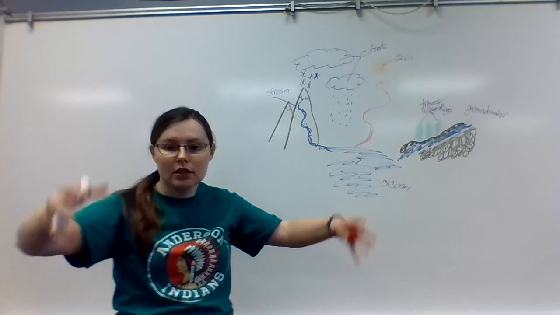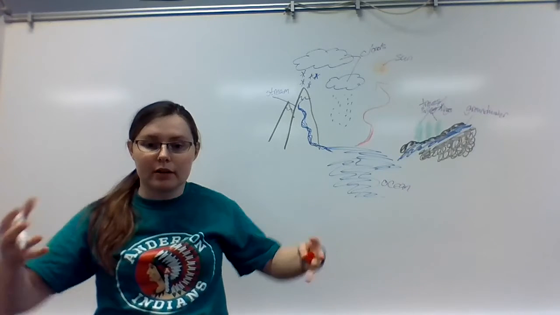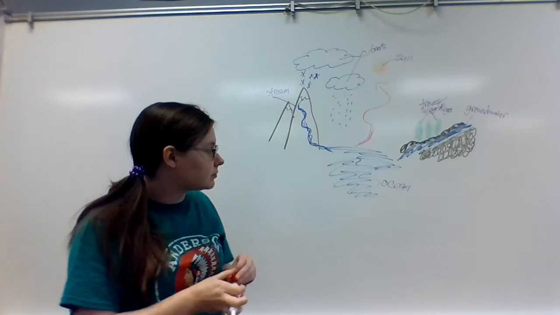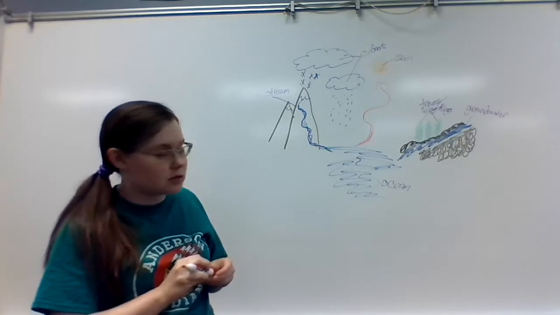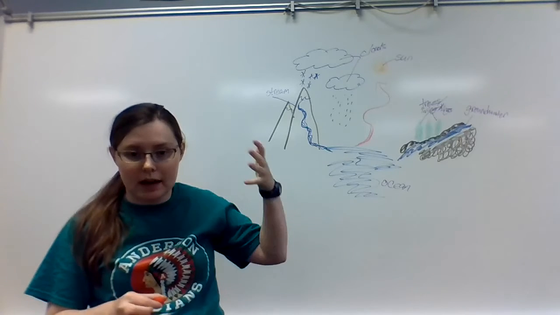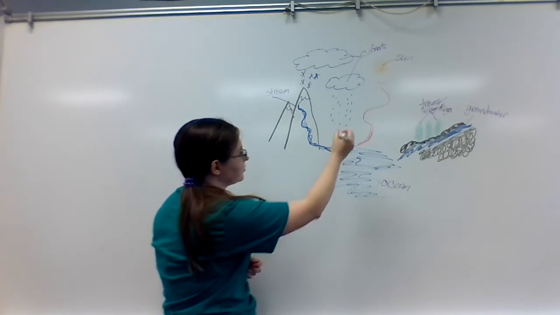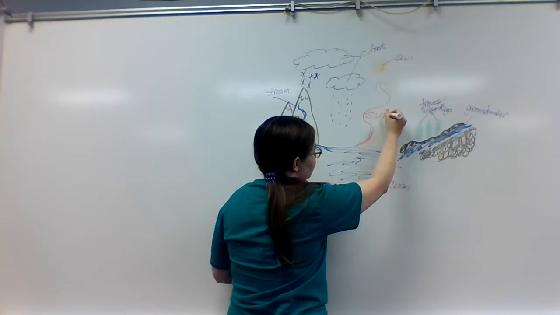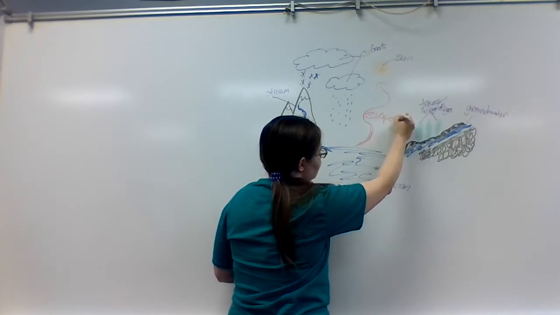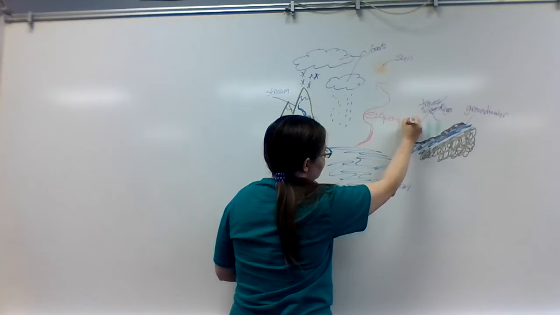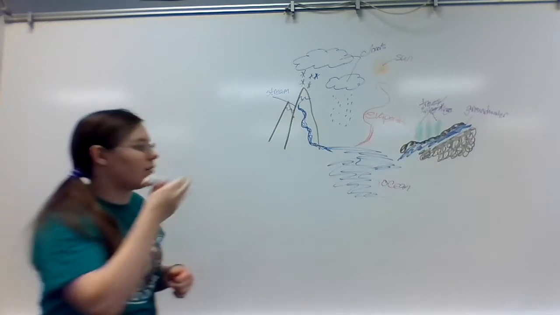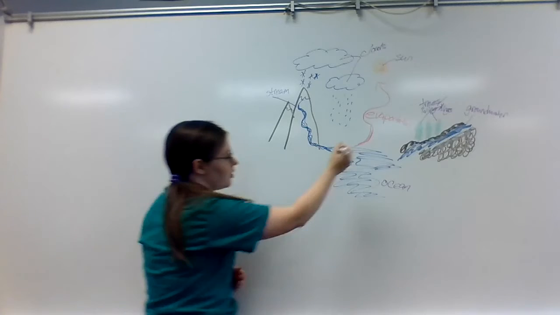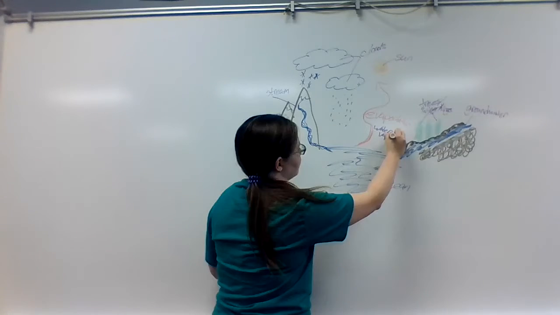The heat of the sun heats up the water and it becomes water vapor, and that is going to rise into the atmosphere. That process is called evaporation. So our first step is evaporation of water vapor.